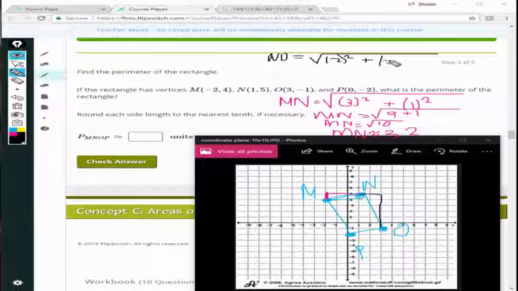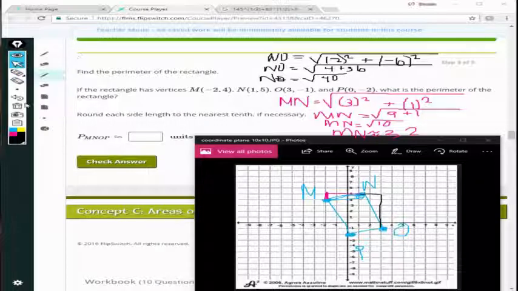And because we went down, I'm going to have it be -6 squared. So then NO is going to equal the square root of 2 squared is 4 plus -6 squared is +36. And so then NO is going to equal the square root of 40.